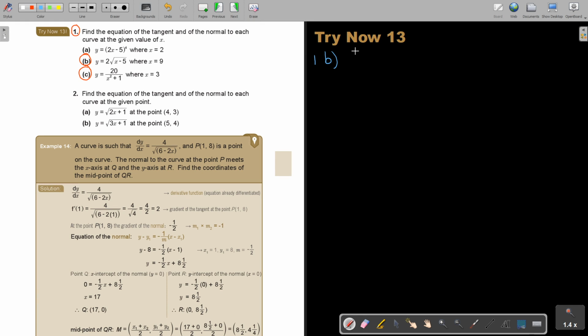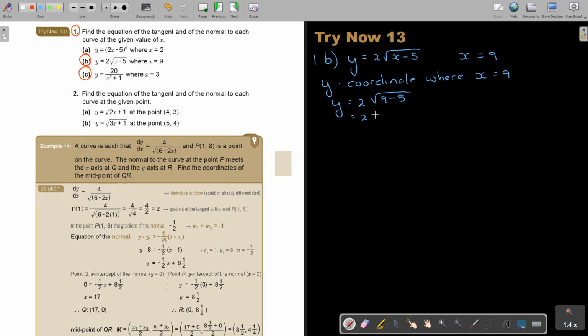Okay, first let's write down the function. And x is 9, but we don't have the y coordinate, so let's first go for that. So the y coordinate, x is 9, and that's going to be y equals, and I'll just substitute 9 in the place of x.